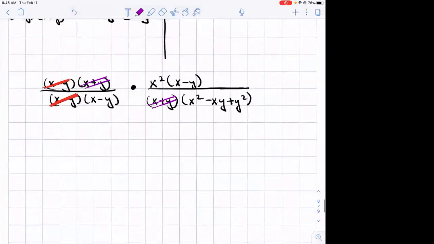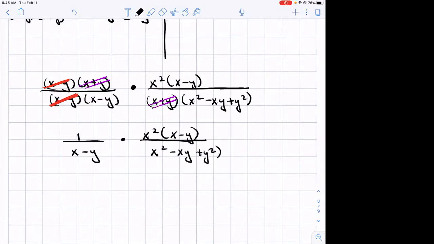So I think I should rewrite this, since everything cancels out in the top, that leaves me with a 1. In the bottom we have x minus y. In the top we have x squared times x minus y. And in the bottom we have x squared minus xy plus y squared. We have one more cancellation I see. We have an x minus y here with an x minus y there.